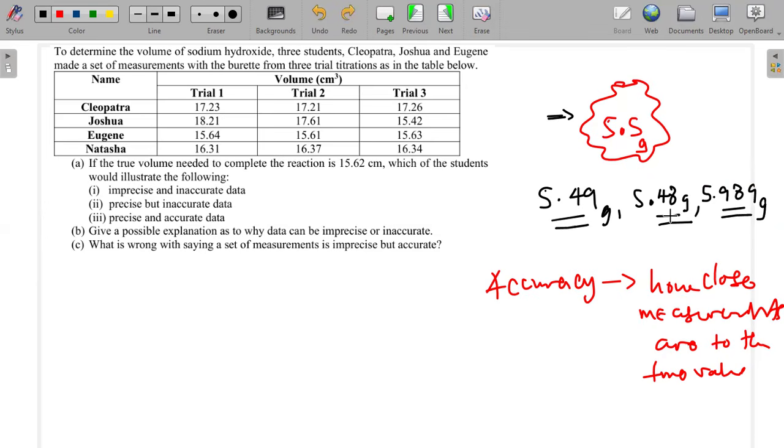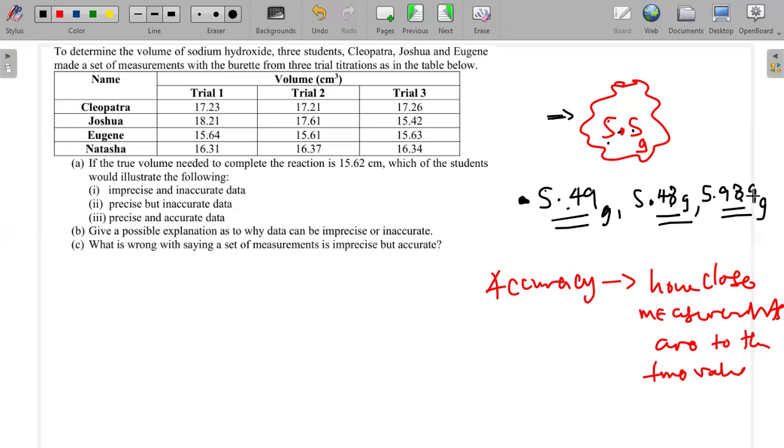So when you're considering accuracy, if it's just one measurement that you've made, you can compare it directly to the true value, the way I'm doing here. I can compare this to this, and then I say, okay, this is accurate because it's very close to the true value. But there are sometimes where you have a lot of values that have been measured, and you want to state if those measurements are actually closer to the true value. So you don't compare them individually. No, you always have to find the average of them and then compare that average value to the true value.